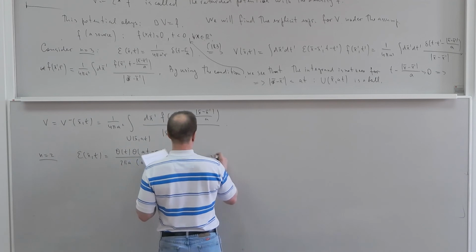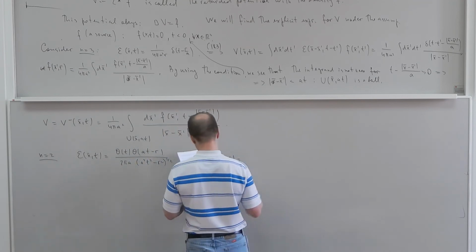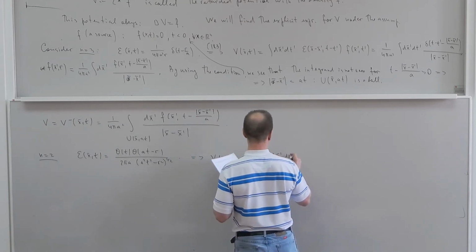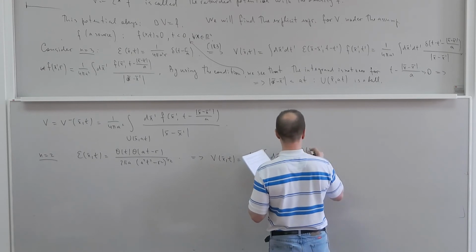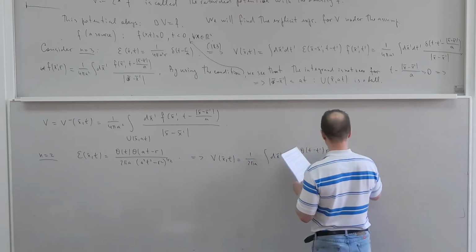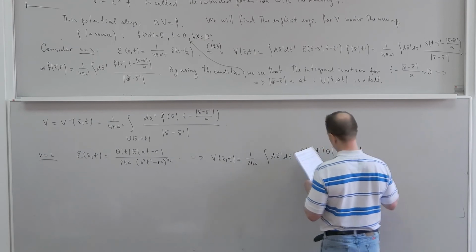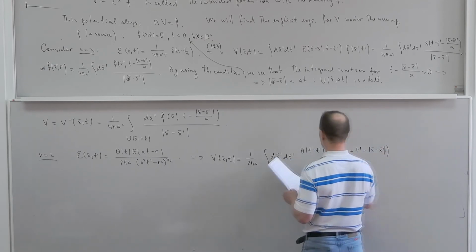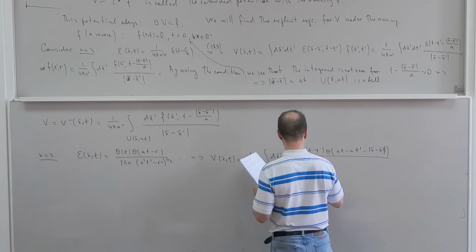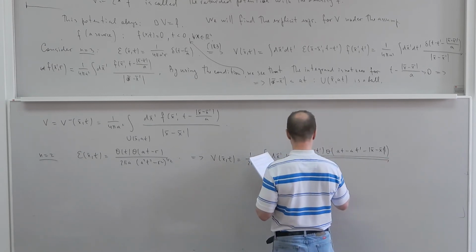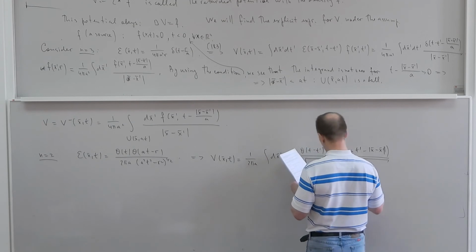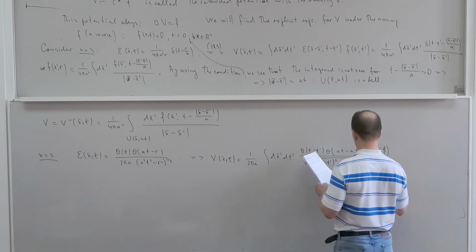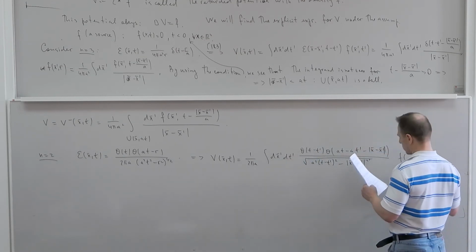Then the retarded potential has the form, with the function f.